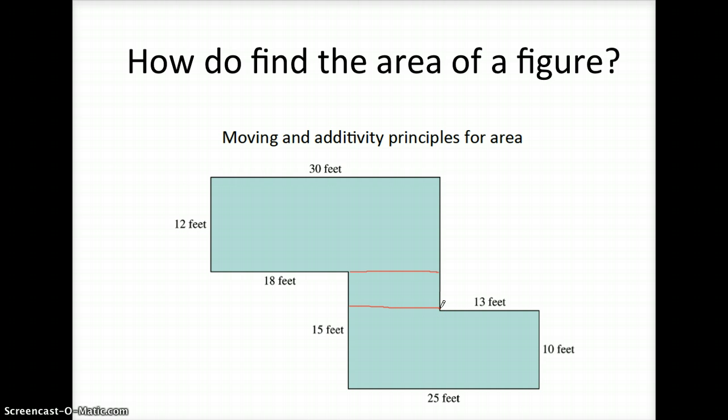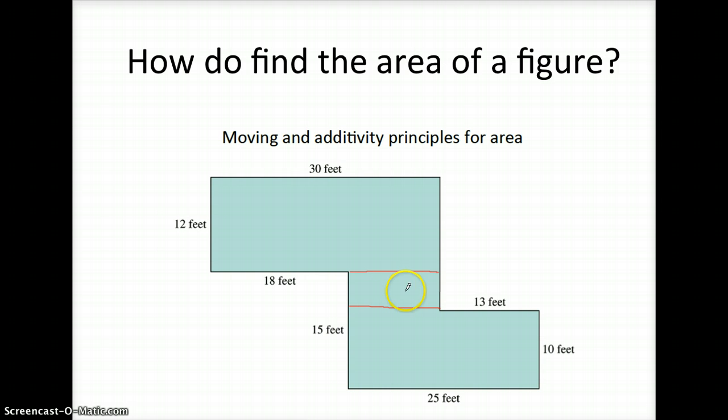In this case, this top figure here would then be a 12 by 30 rectangle. This figure down on the bottom would be a 10 by 25 rectangle.